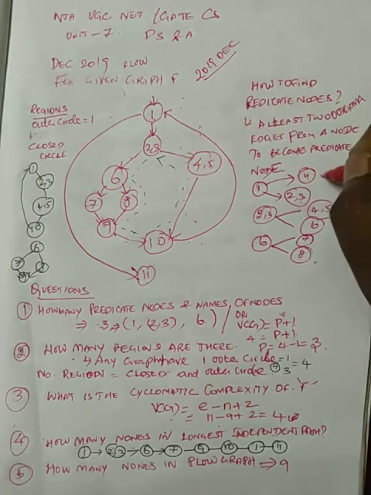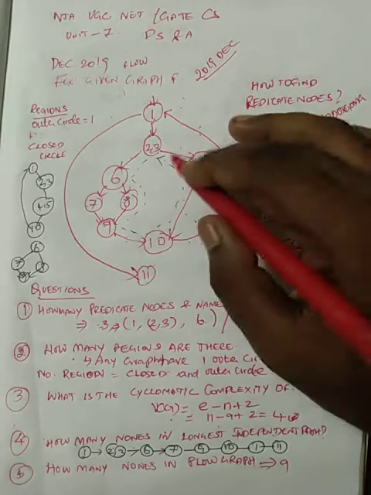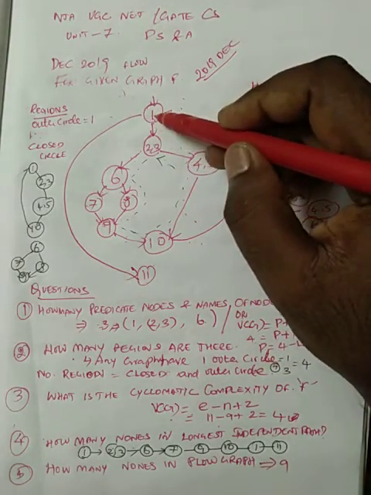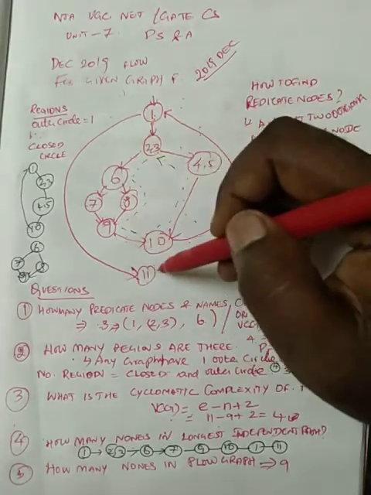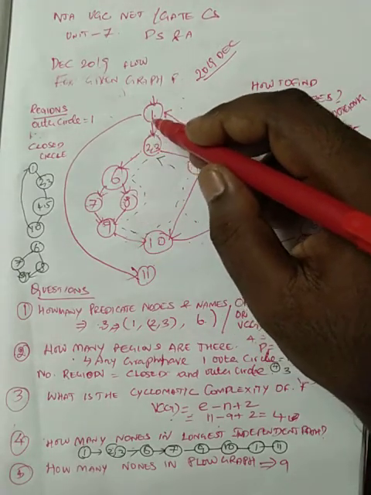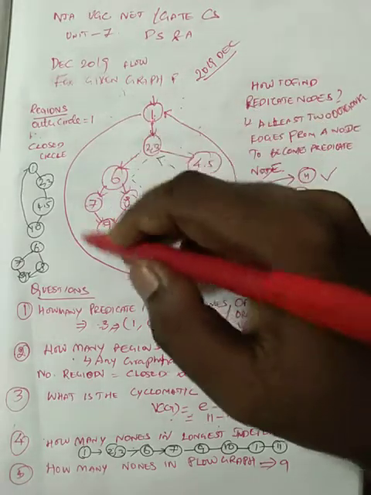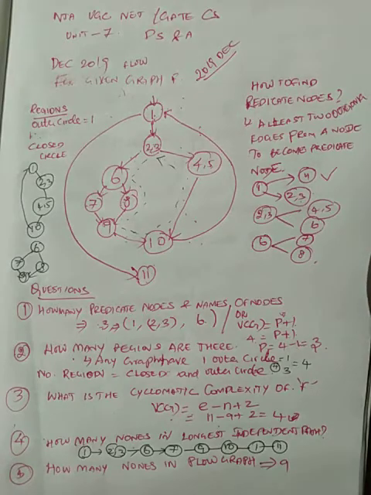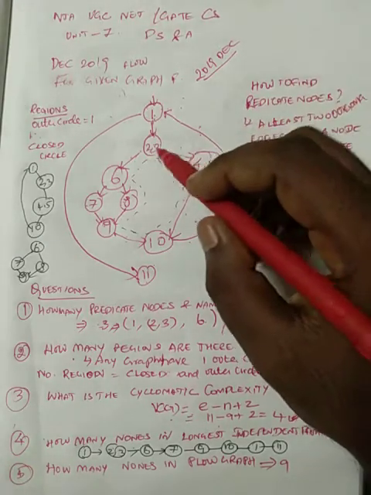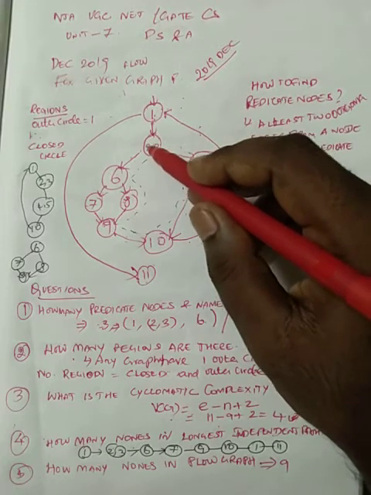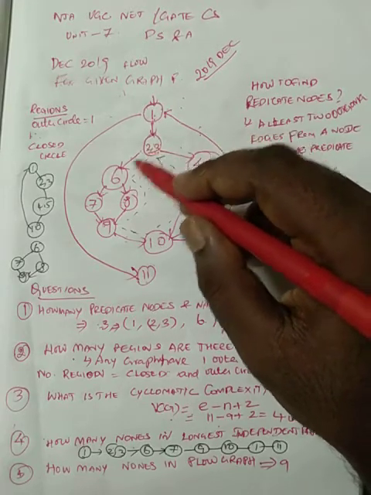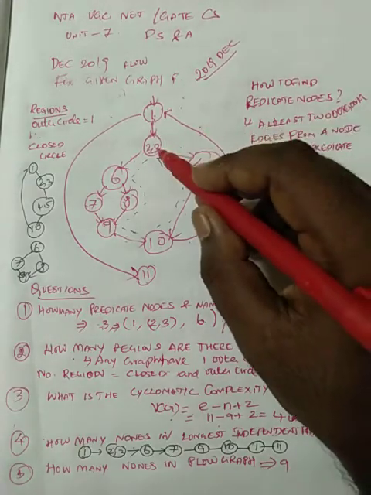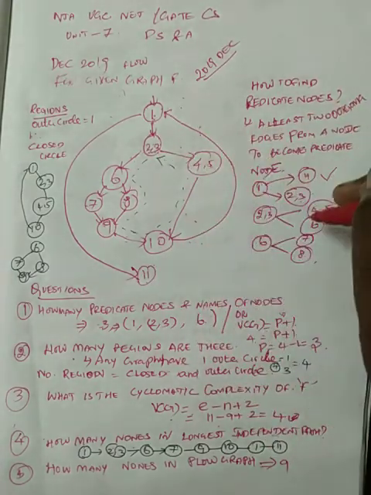Did you get it? From node 1 there are at least 2 outgoing edges: 1 to 2,3 and 1 to 11. So this is one of the predicate nodes. Now internally, 2,3 is a single node. From this it goes to 6, and also to 4,5. So 2,3 is also one of the predicate nodes.